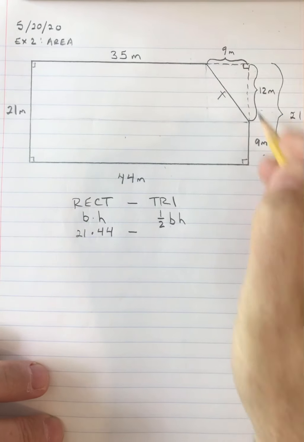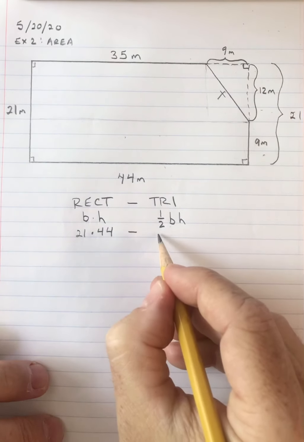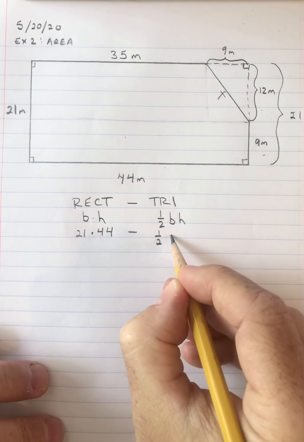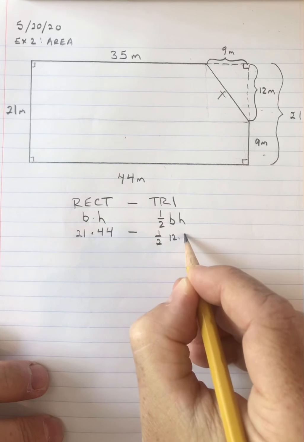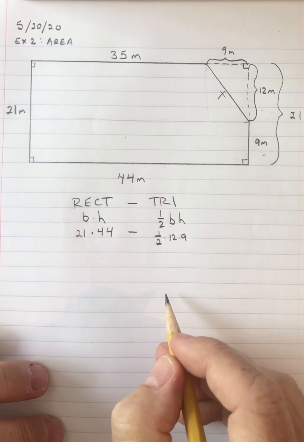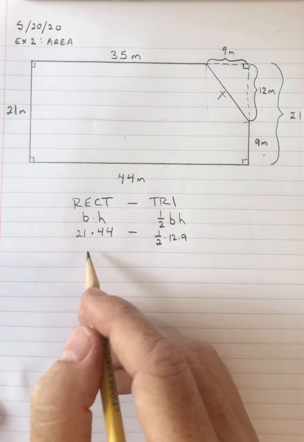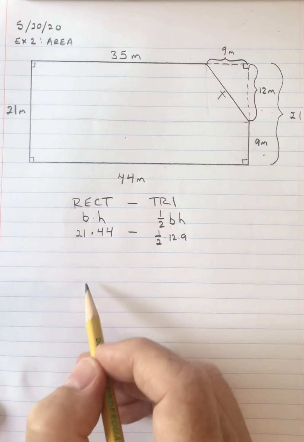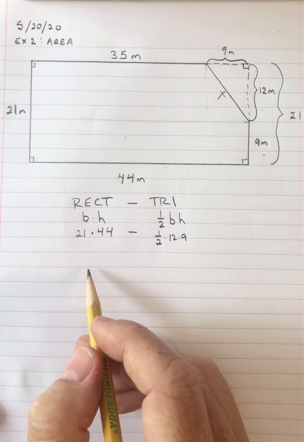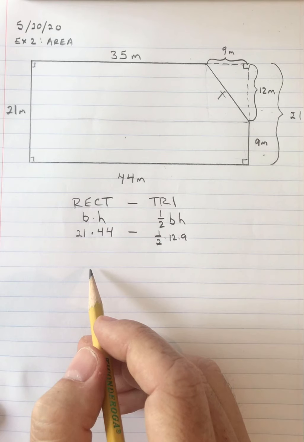Okay, so now I know I have my triangle. I can fill these in. This is 1/2 times 12 times 9. That's my base and my height. Okay, so let's simplify this a little bit. Let's see, 21 times 44, that's 880 plus 44, 924.